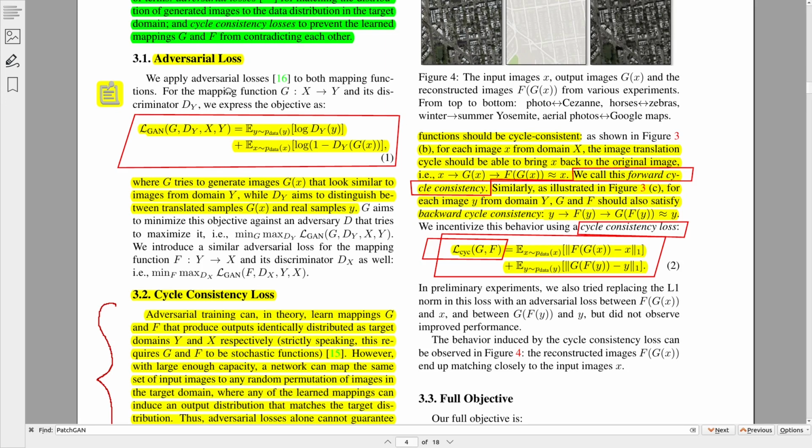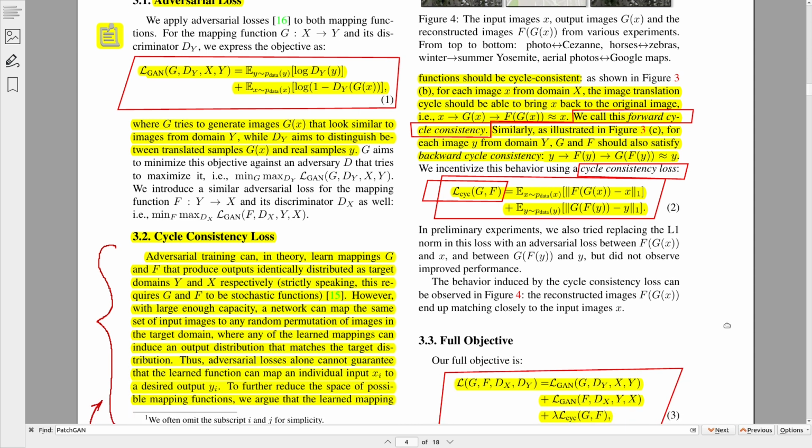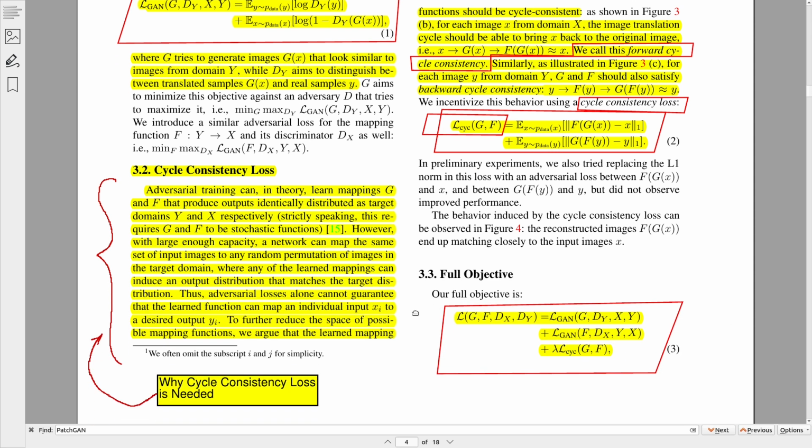So now I have the adversarial loss calculated here and the cycle consistency loss calculated here. The full objective is represented in this equation. Here I have the adversarial loss for the one generator, then the adversarial loss for the next generator, and finally my cycle consistency loss.